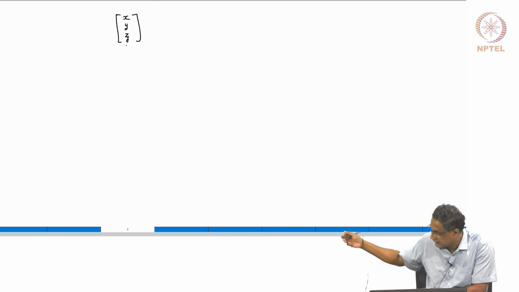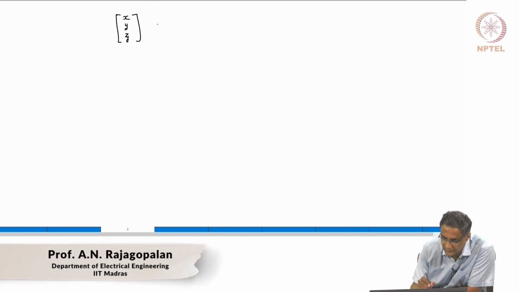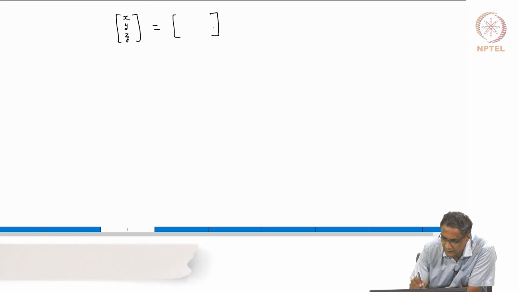This is equal to, for example, I'm going to write this in terms of a matrix, a 3 cross 3 first to start with.